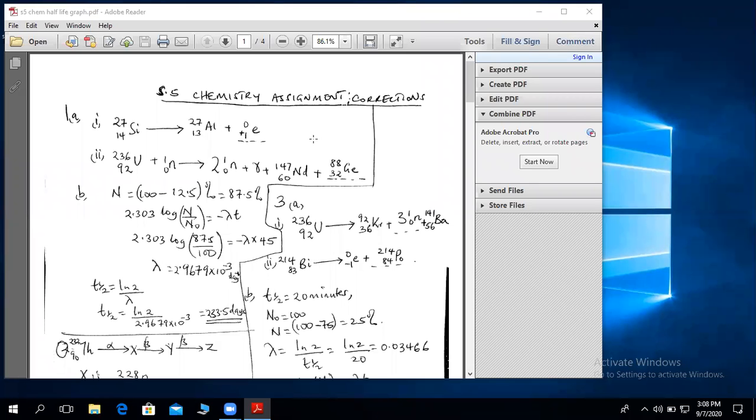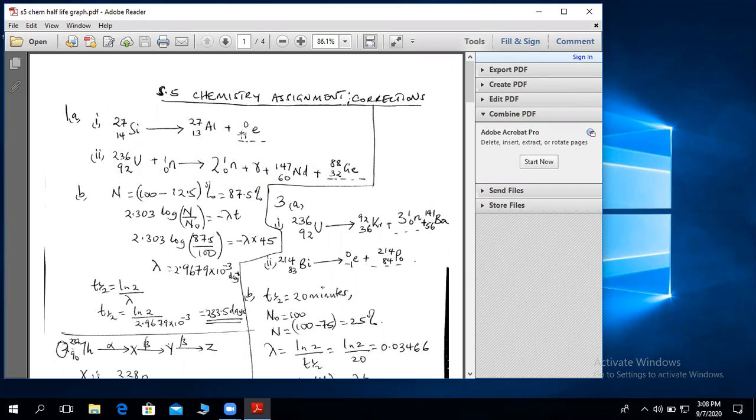So we start with corrections, and we had these nuclear equations. The first one here was silicon, and it decayed to form aluminium.